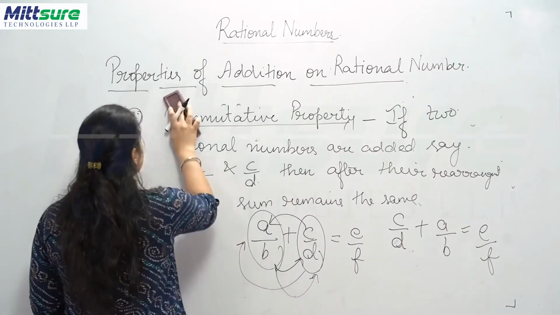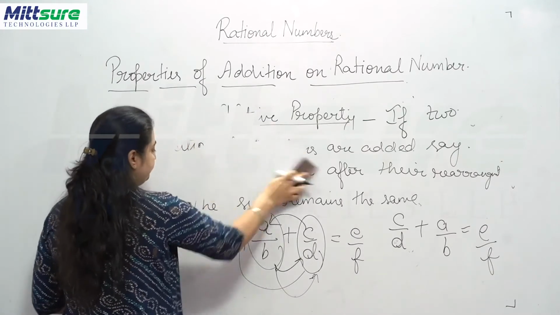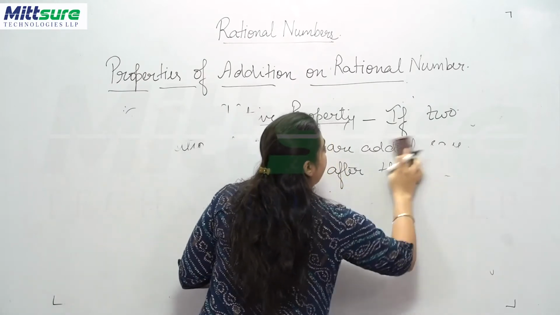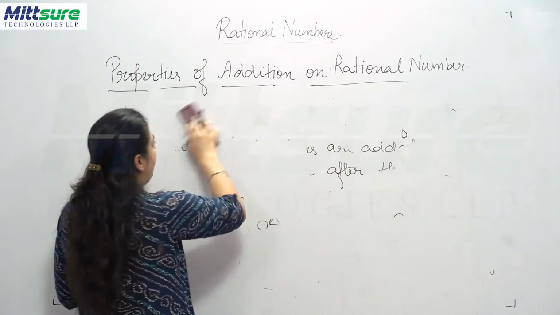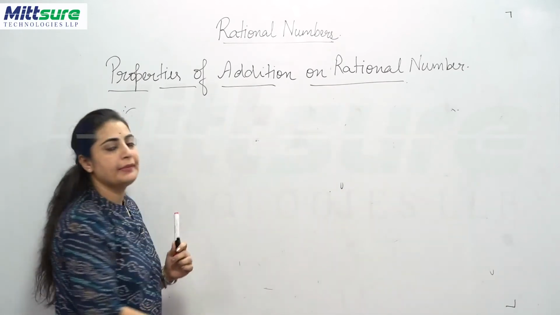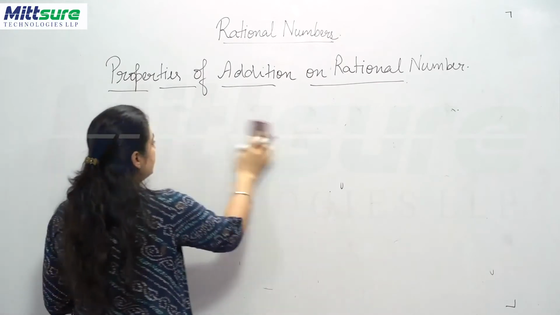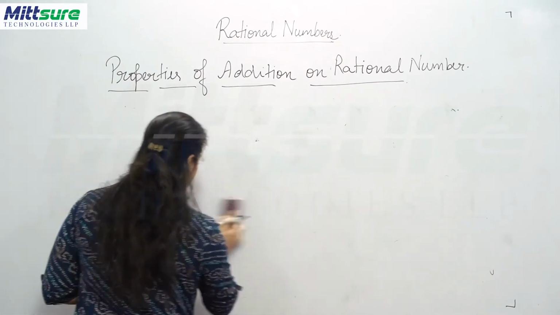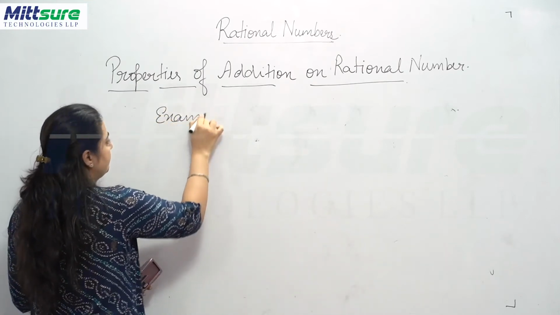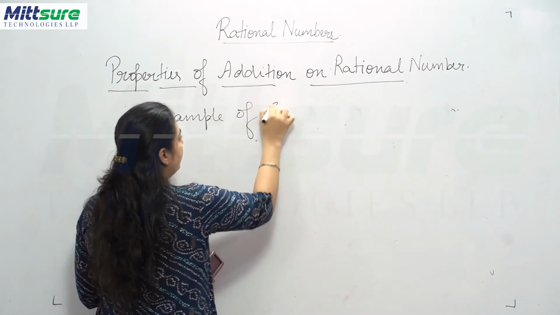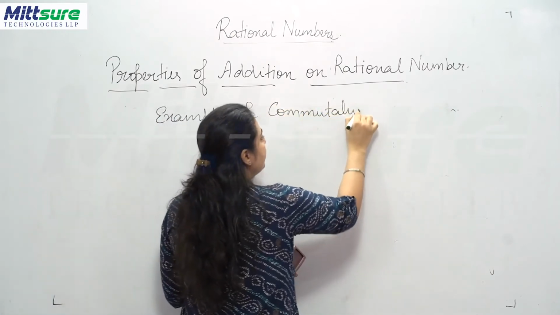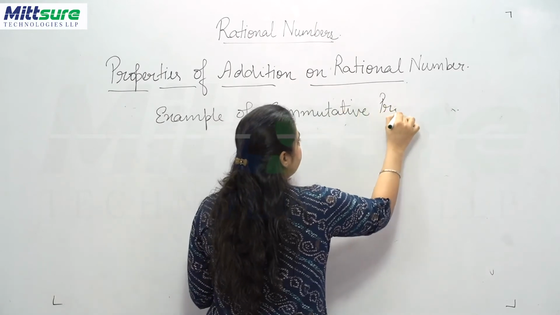Now let's understand this with an example. So when we talk of this commutative property, we'll take two rational numbers. Example of commutative property.